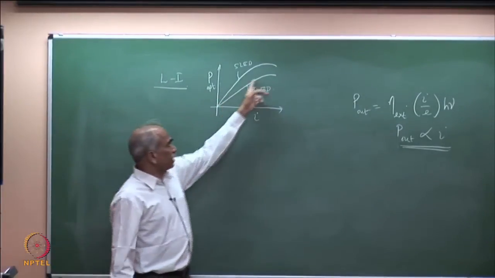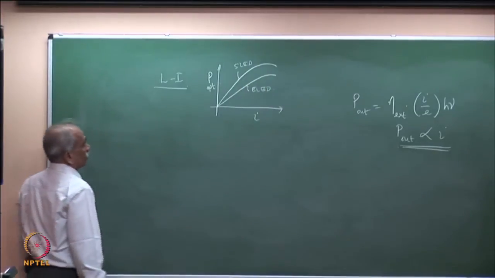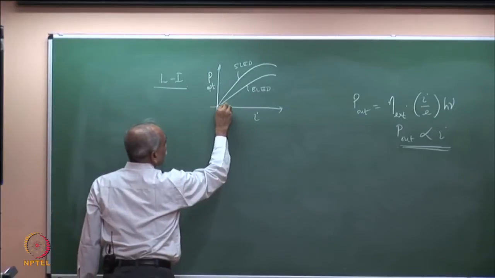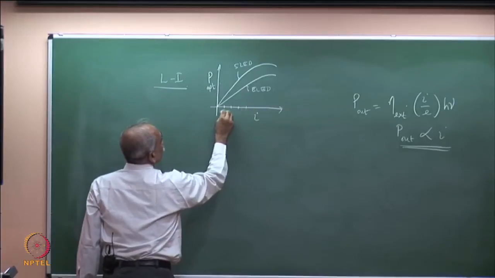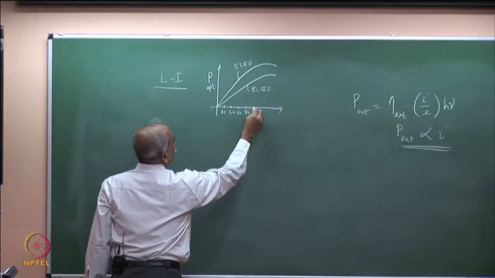So, why does it saturate here? What are the reasons for saturation? This is fine, the initial portion. So, typical numbers if I were to put, so 20, 40, 60, 80, 100.